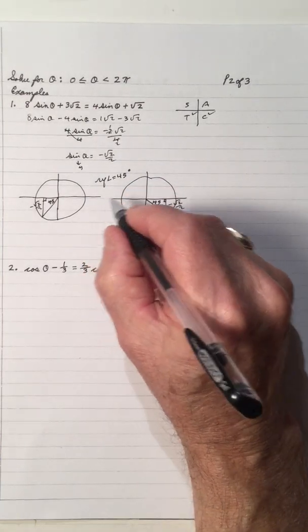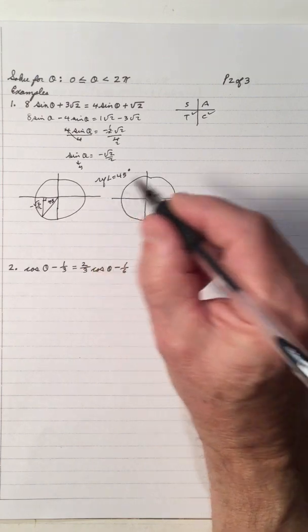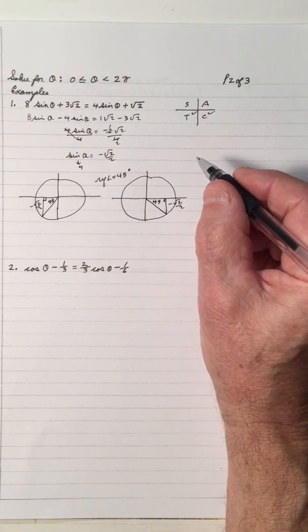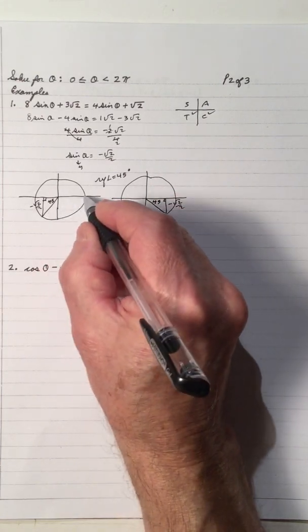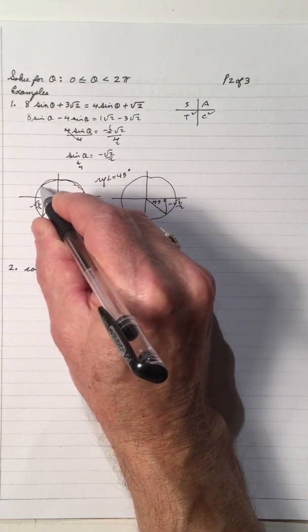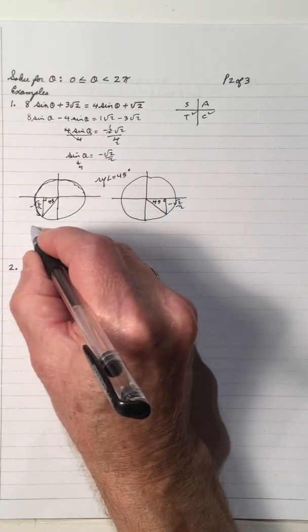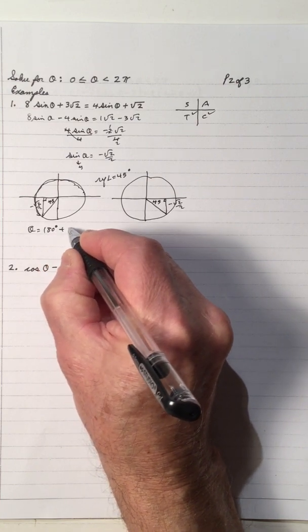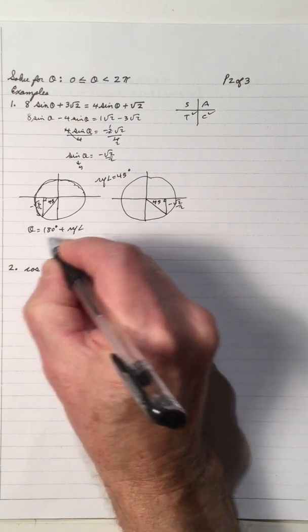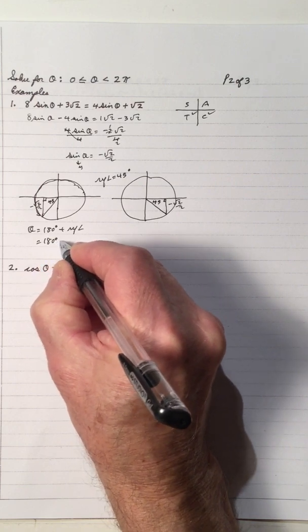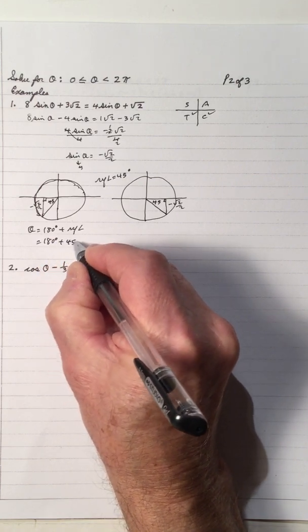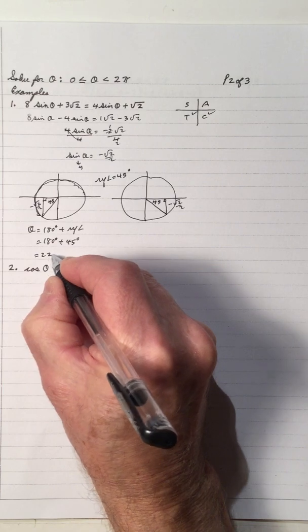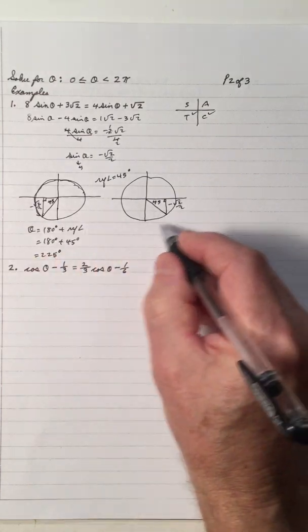So I'll work my answers out in terms of degrees, and then I'll convert to radians. In the third quadrant, which is this rotation here, theta is 180 plus the reference angle, which is 180 plus 45. So that's 225 degrees for the third quadrant.